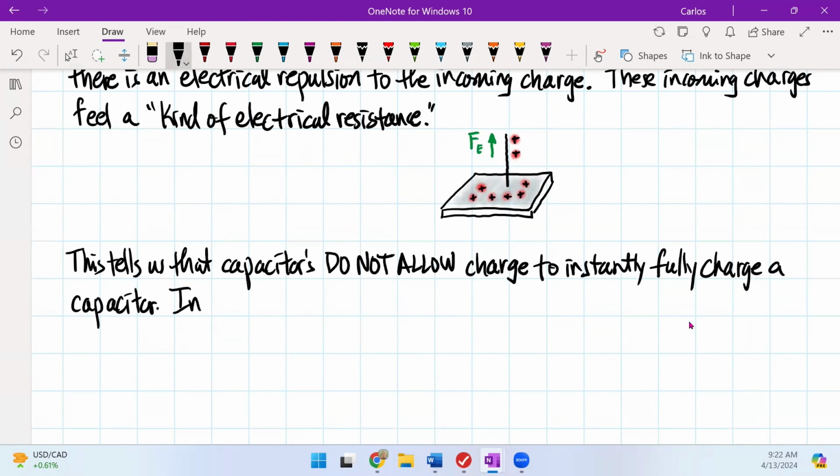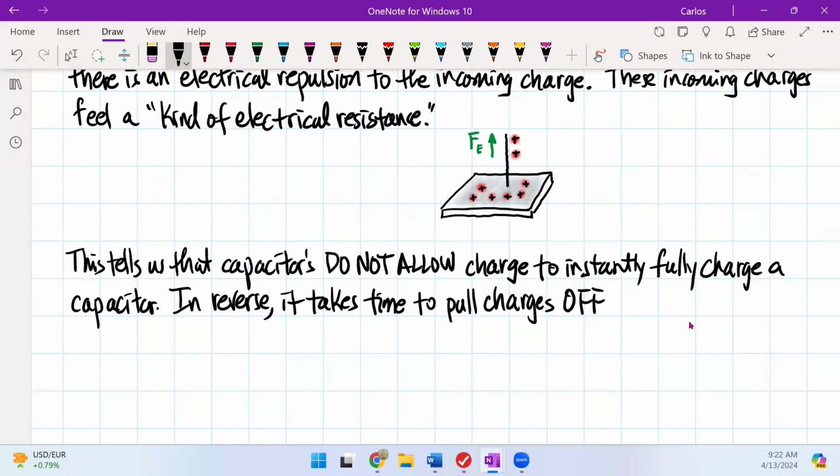In reverse, it takes time to pull charges off the plate or plates as well.